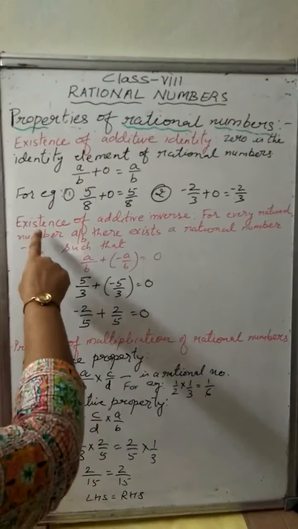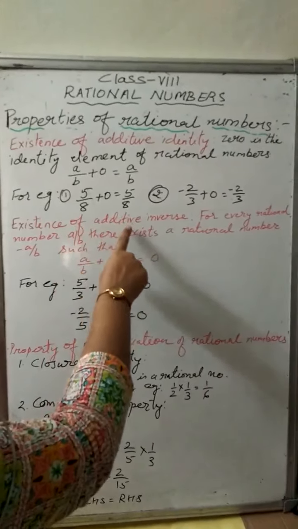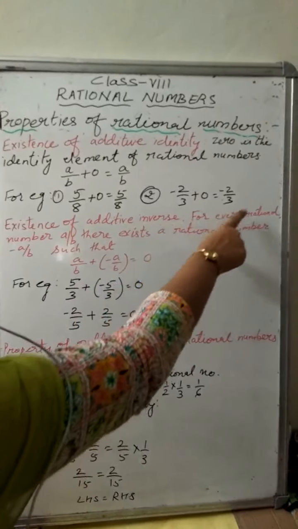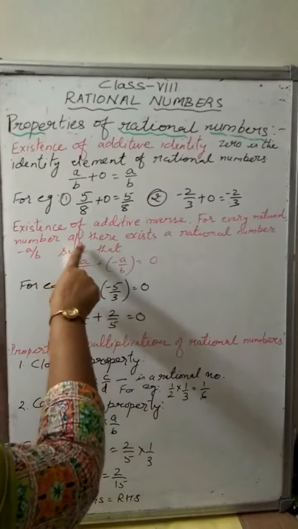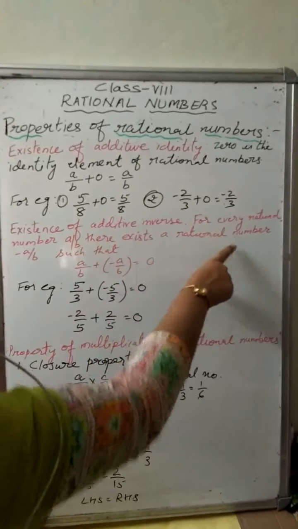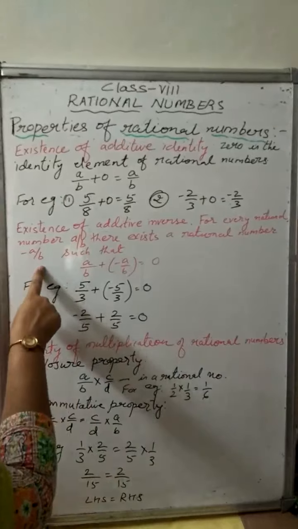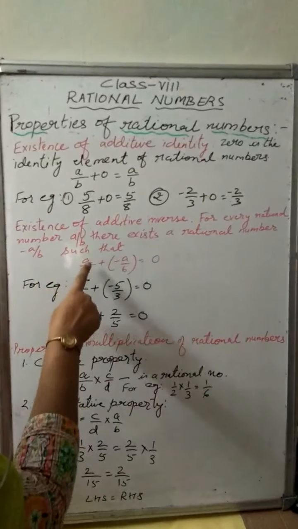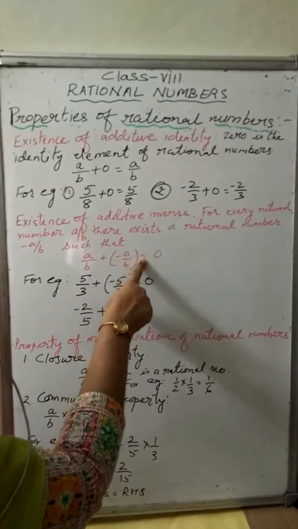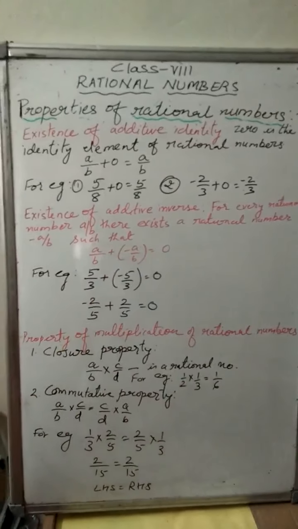Next is existence of additive inverse. For every rational number A by B, there exists a rational number minus A by B, such that A by B plus minus A by B is equal to 0.